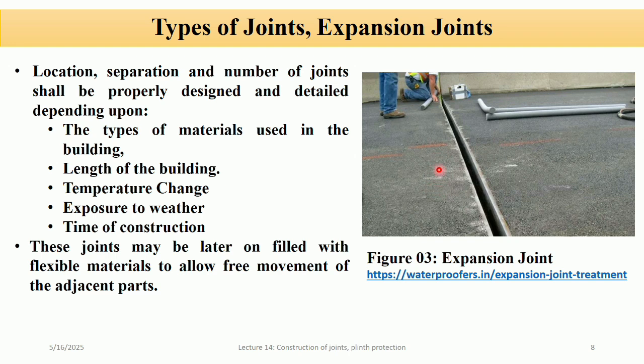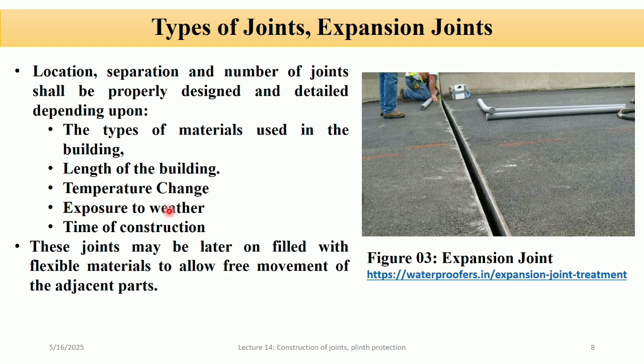An example of this is in concrete structures, where joints are often placed every 30 to 45 meters depending on local conditions. So as length increases, the need for frequent expansion joints increases. Temperature changes. The greater the temperature variation between summer and winter, the more the building's material will expand and contract. In hot or cold climates, more joints are needed to accommodate the wider range of movement.